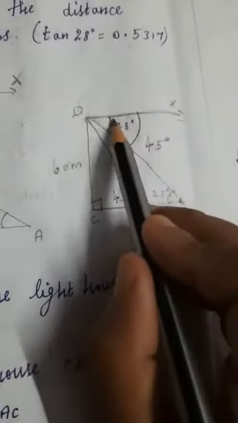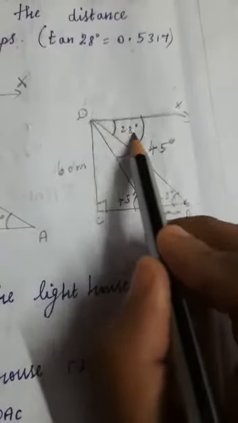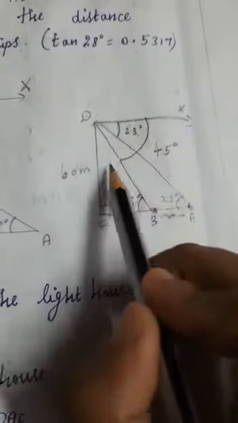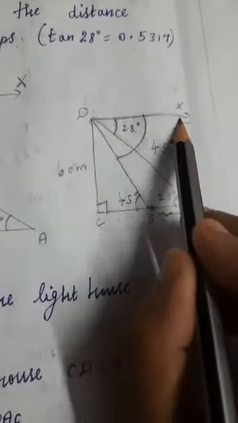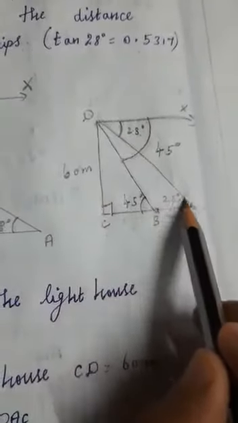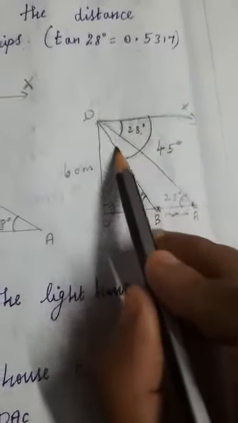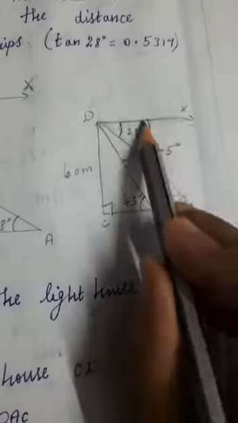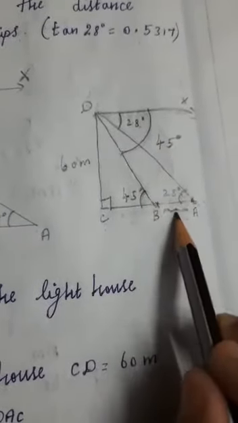The small angle between the horizontal line and the line of sight is 28 degree. Next, the horizontal line and the line of sight make the full angle, 45 degree. Then by Z shape alternate angles, here 28 means here also 28. Next, the full Z shape, so this full angle is 45, which means this is also 45. Now they have asked us to find this distance only.